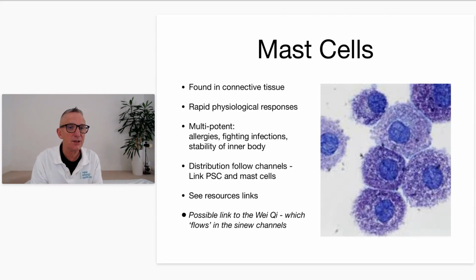If mast cells are used for fighting infections, they're part of the whole infection response of the body, so that's in the area of the wei qi. It's really interesting that they've been found distributed along channels, because that links with the Chinese version of the wei qi. So mast cells apparently are in the location of the channels. I wonder why that would be. Well, let's find out later on, hopefully.